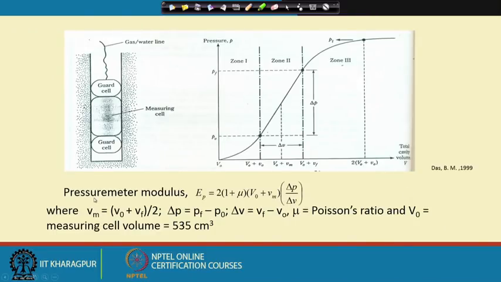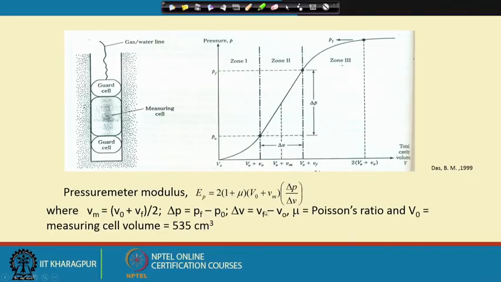Similarly, from here we can calculate the pressuremeter modulus. This expression is given. As I mentioned, capital V0 is the volume of the measuring cell or the probe, taken as 535 cubic centimeters, and mu is the Poisson ratio.